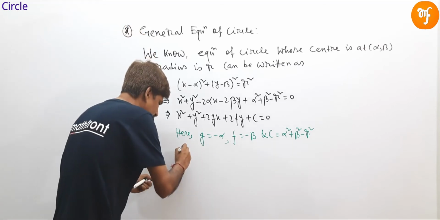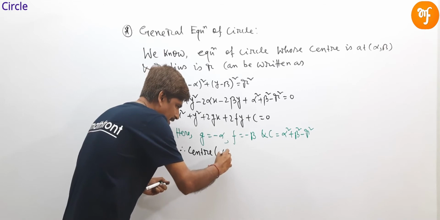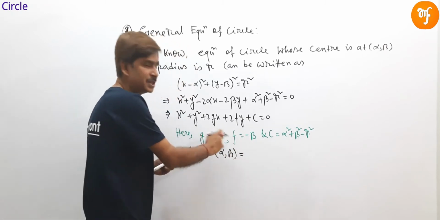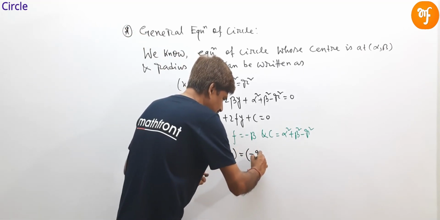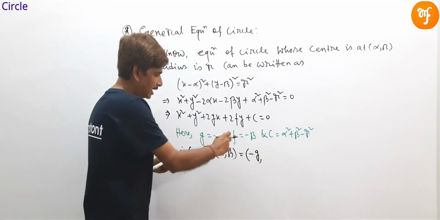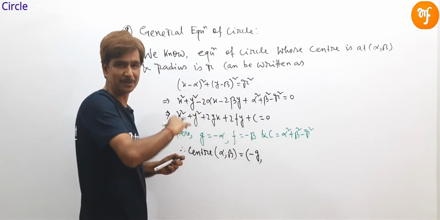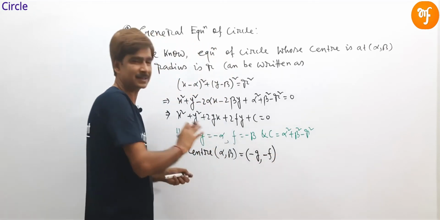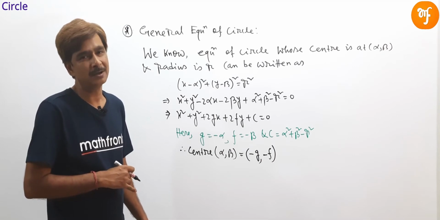We can say the center is at alpha comma beta. As g is equal to minus alpha, we can say alpha is minus g. And as f is minus beta, we can say beta is equal to minus f. So, the center is at alpha comma beta, which is basically equal to minus g comma minus f.